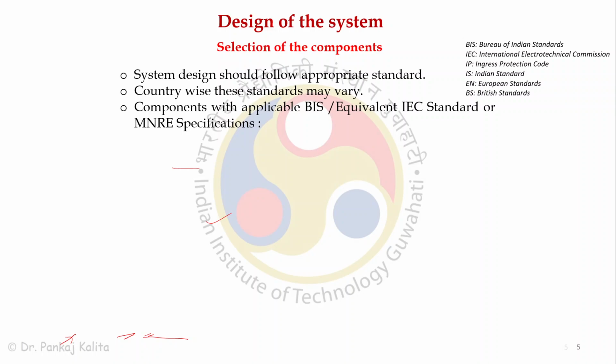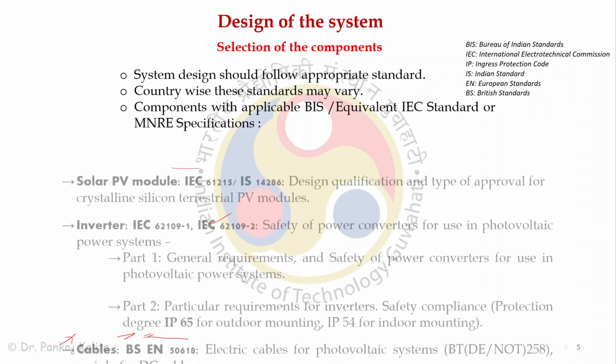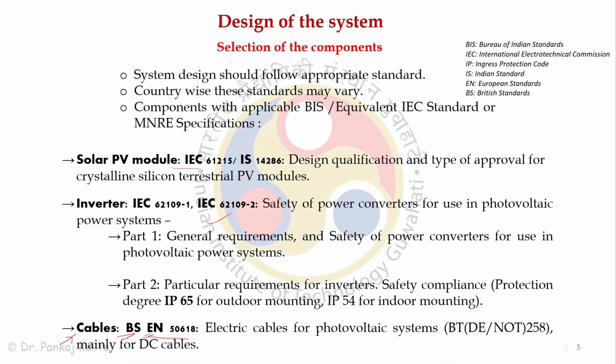Then we go for design of the system, like selection of the components. So yeah, there are various standards also. So what do standards do? Standards actually set a benchmark, like this is the benchmark when there will be solar modules. So IEC 61215 defines what the length criteria should be and what the efficiency should be, how the efficiency will be measured, all these things.